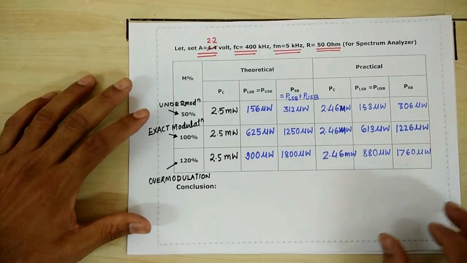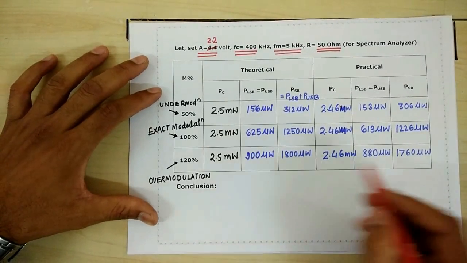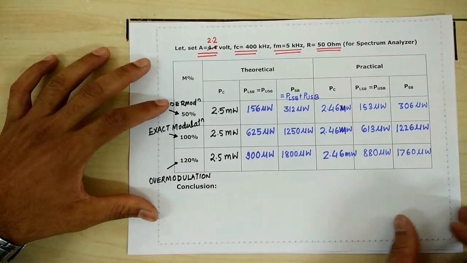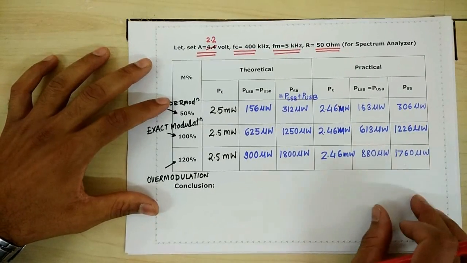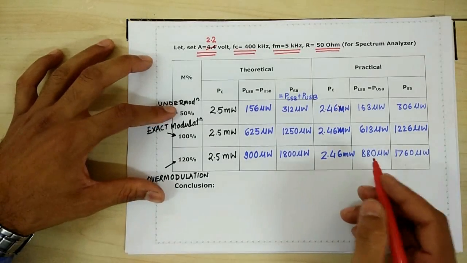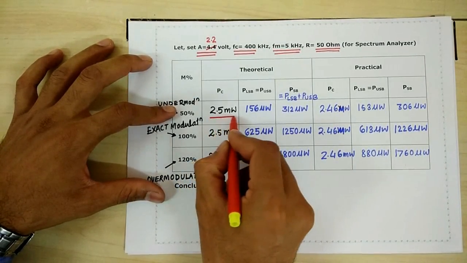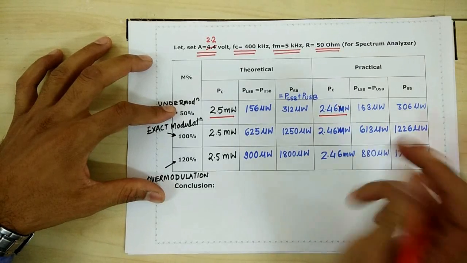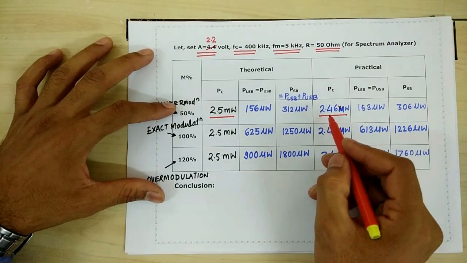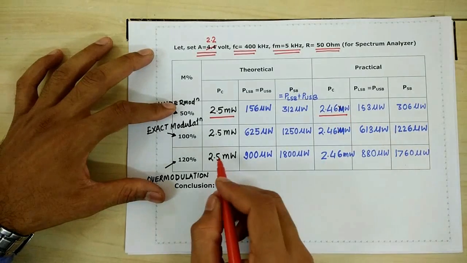Now we have the theoretical as well as practical values with us. So now we can compare them and conclude the experiment. The carrier power is theoretically 2.5 milliwatt, and the carrier power practically measured was 2.46 milliwatt.